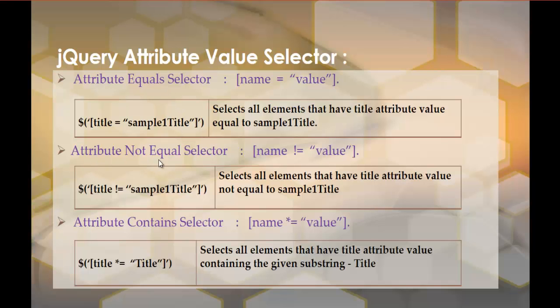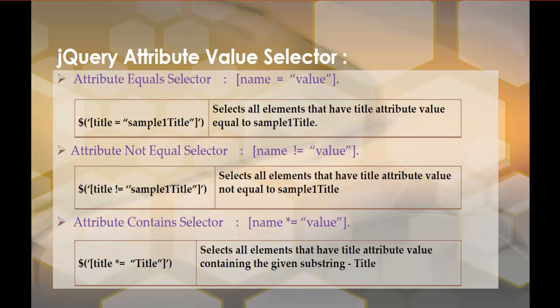Now the attribute not equal selector. This is the second way. In the previous example I said select only the elements which are having the title attribute value as sample1 title, but this is vice versa. It's completely different, the opposite of this. What I'm telling here is select the elements which are not having the title attribute value as sample1 title.